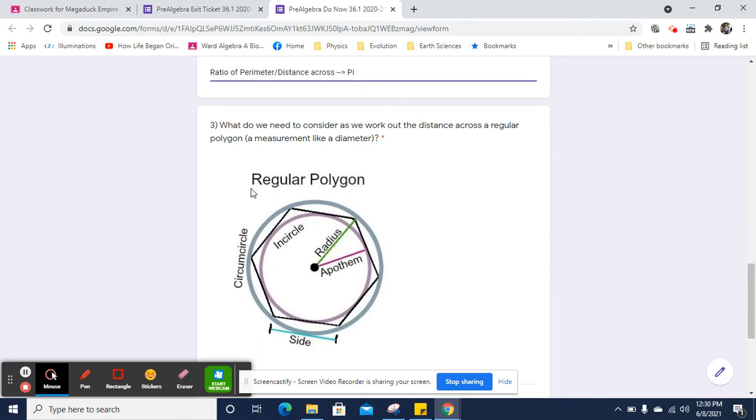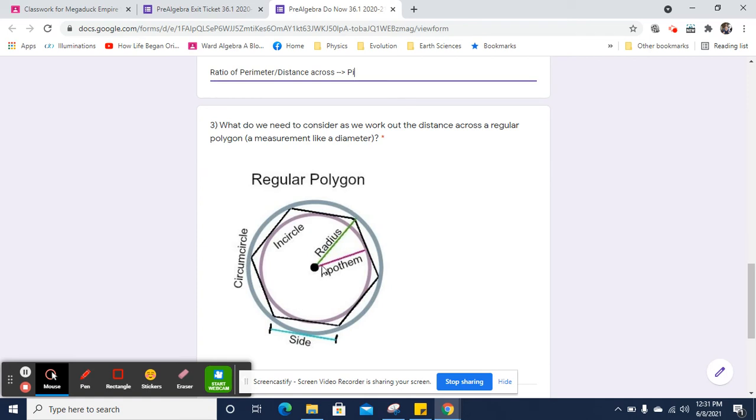Okay, now when we consider how we work out the distance across a regular polygon, a measurement like a diameter, well, we've got two things we can measure. So this thing is called a radius. It's actually the radius of the circle that goes right around the polygon. It touches all of the vertices of the polygon. We call it a circumcircle because it circumscribes the polygon.